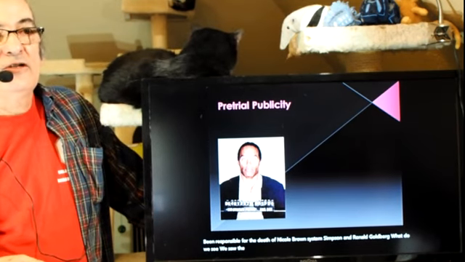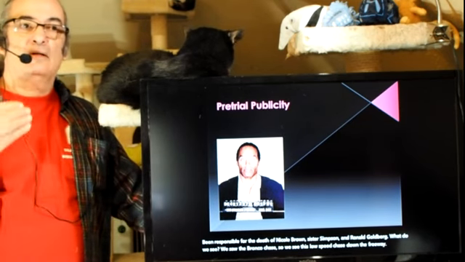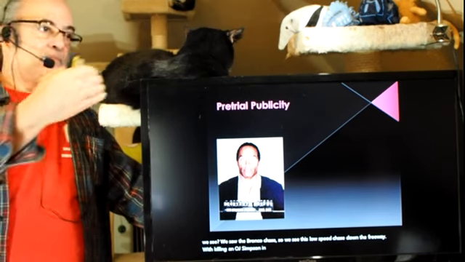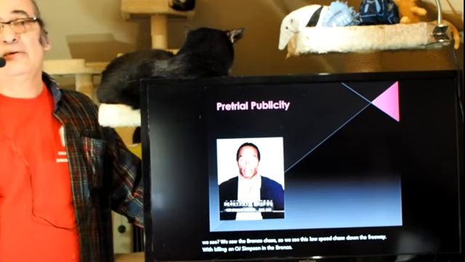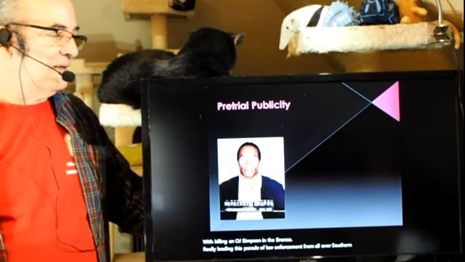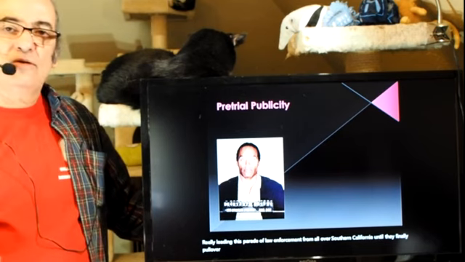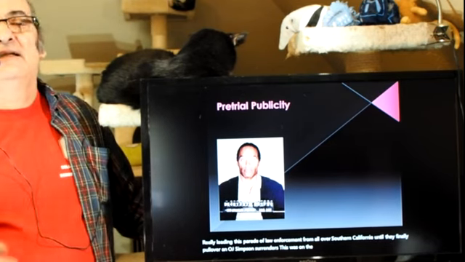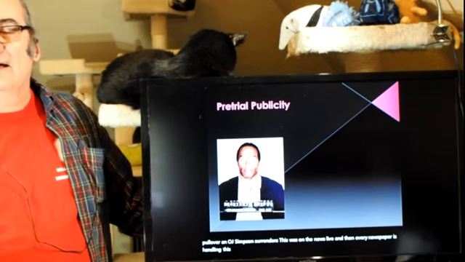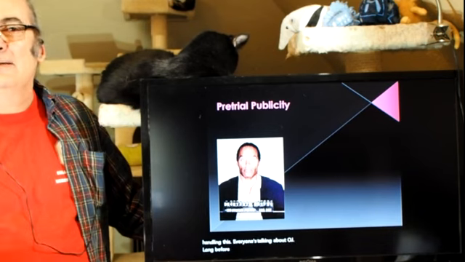So we see this low-speed chase down the freeway with Cowlings and O.J. Simpson in the Bronco, really leading this parade of law enforcement from all over Southern California until they finally pull over and O.J. Simpson surrenders. This was on the news live, and then every newspaper is handling this. Everyone's talking about O.J. long before the trial is ever set to begin.